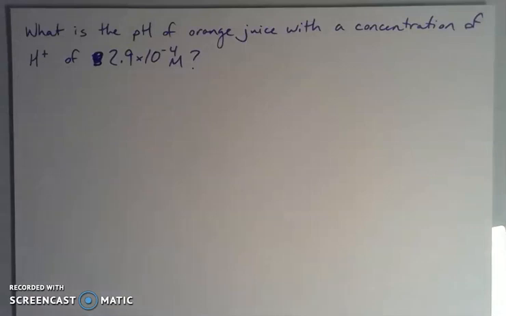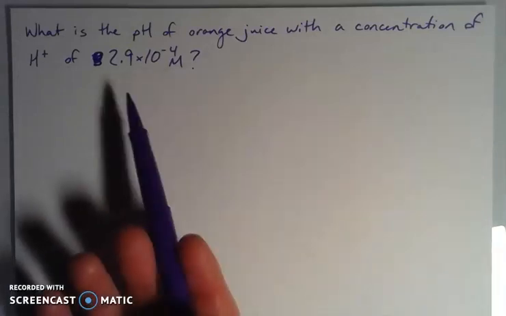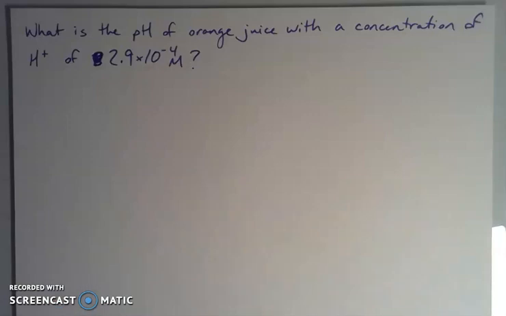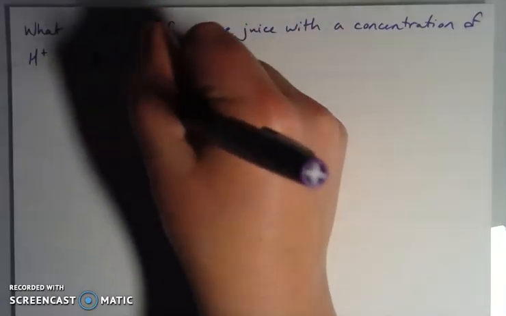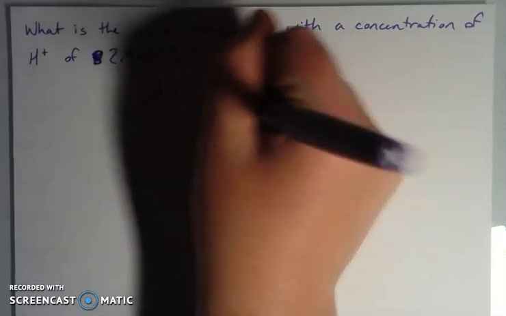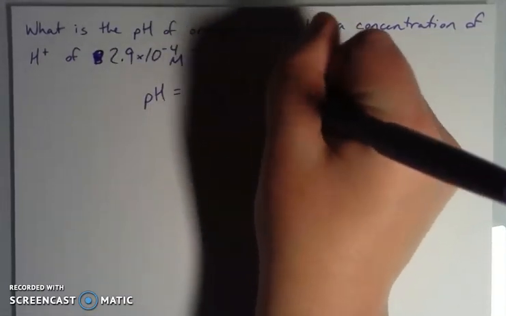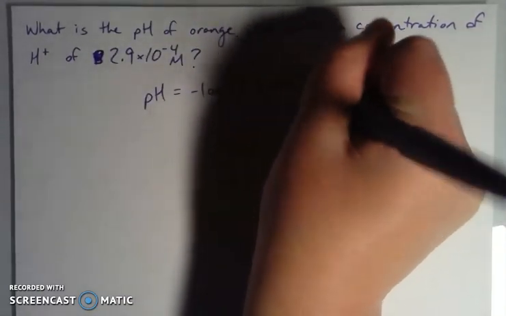Let's do an example of a calculation then. So if I have some orange juice and I have a concentration of hydrogen in there of 2.9 times 10 to the negative 4, then my pH is equal to the negative log of that concentration. So that's 2.9 times 10 to the negative 4.